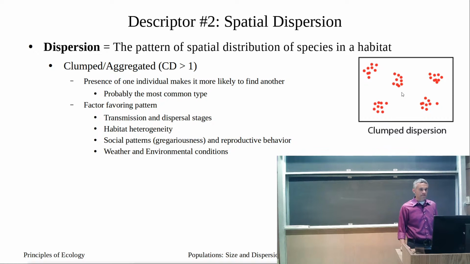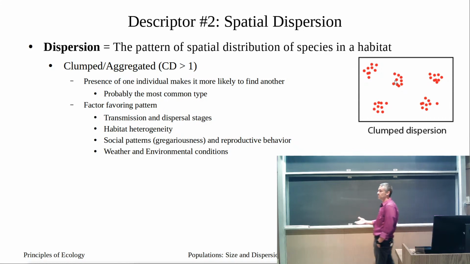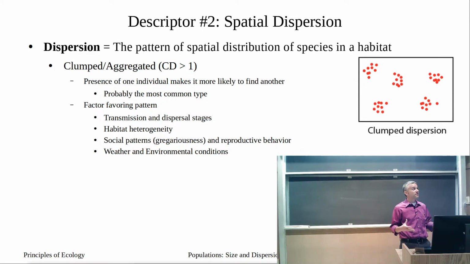Lastly, weather and environmental conditions can produce this clumping. I think the best example is, let's say, extreme cold that happens. In a cold spell, oftentimes you can have organisms that clump together, huddle together to try to keep warm. That produces our clustering.